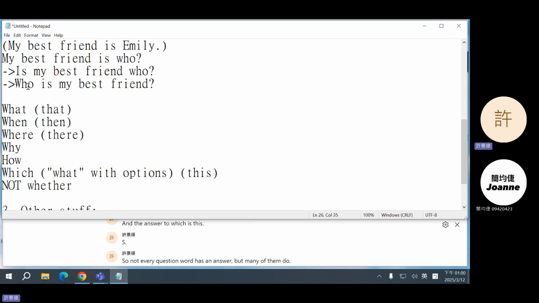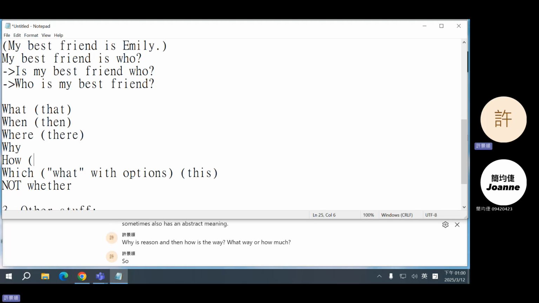Right, so who is asking about a person? What is asking about a thing? When is time? Where is place? Or we'll talk about this in the second half of the semester, where sometimes also has an abstract meaning. Why is reason, and then how is the way, what way, or how much.